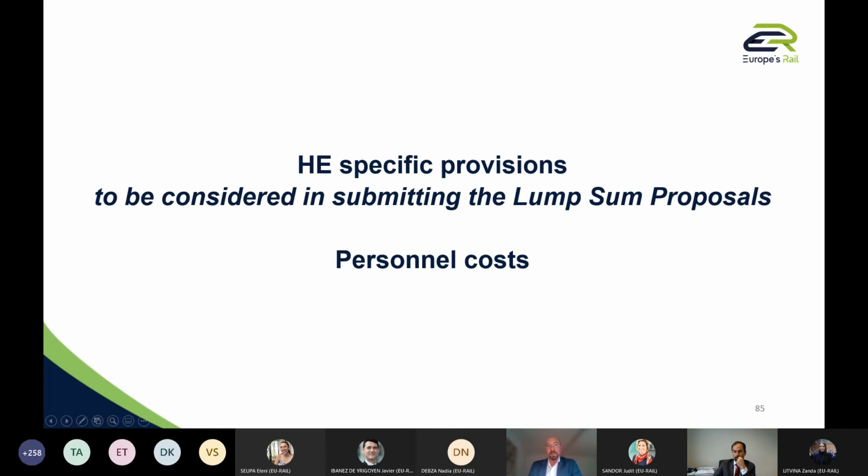And for your information, I'm sharing with you now some slides, giving you some ideas on how the system works under Horizon Europe. We will also share with you the annotated model grant agreements, in which you would find the description of all these elements together. So we're starting with personnel costs to explain a little bit how it works and what you can take into consideration when you have to determine and define the calculation of your personnel costs.